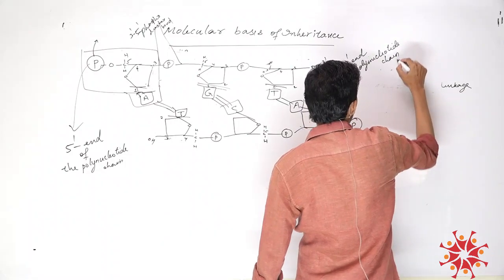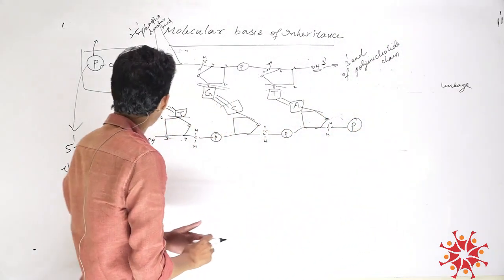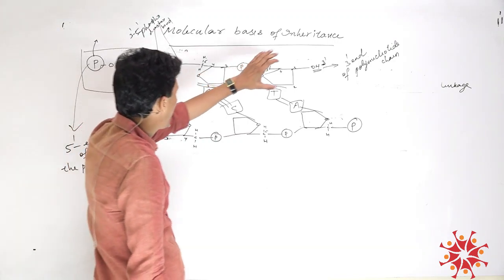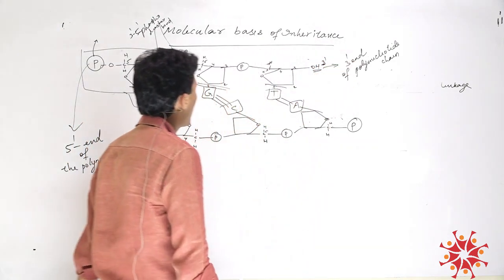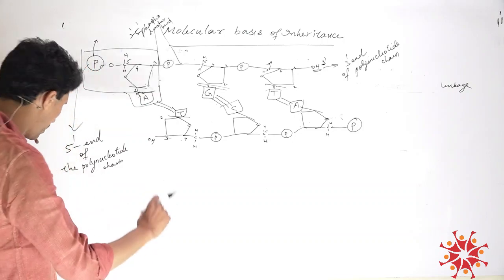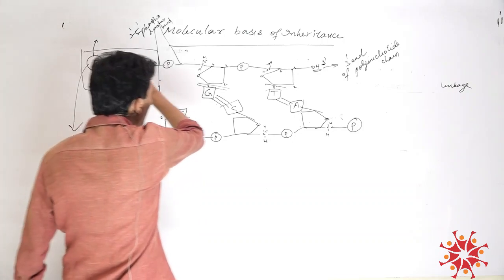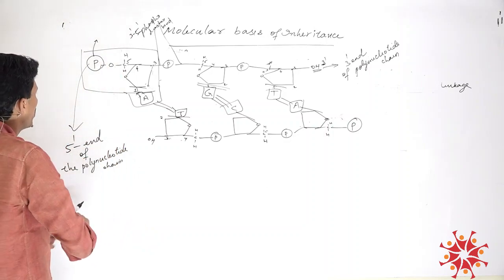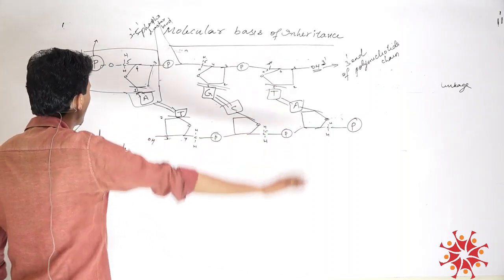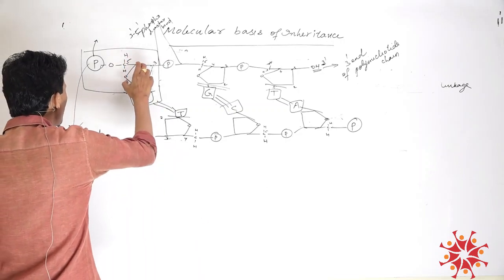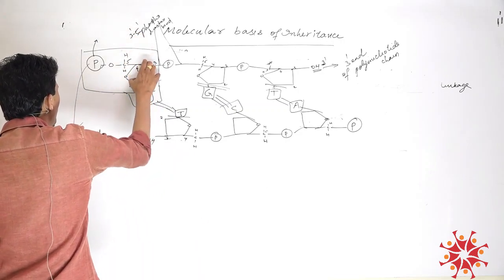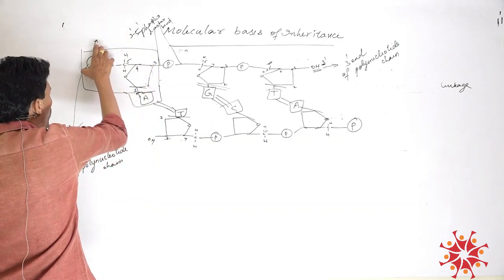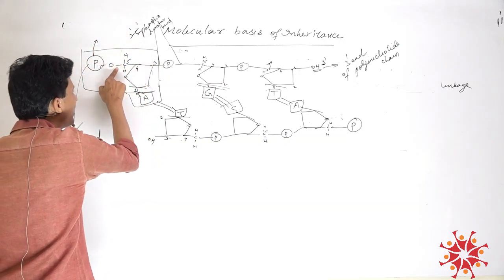So you have two ends. One end is called the 5' end of the polynucleotide chain, and the other end is called the 3' end. So this is one particular polynucleotide chain. In this chain, you have several nucleotides, and each nucleotide has a pentose sugar, which is attached to the phosphate group by means of a phosphoester bond.